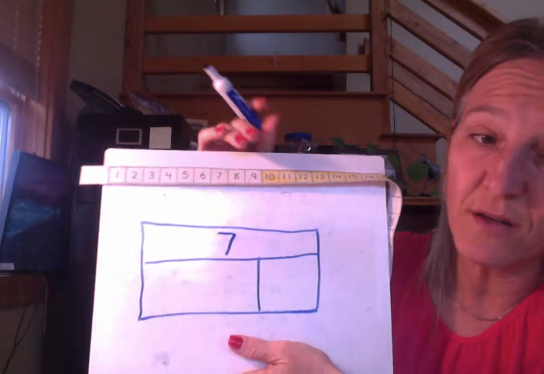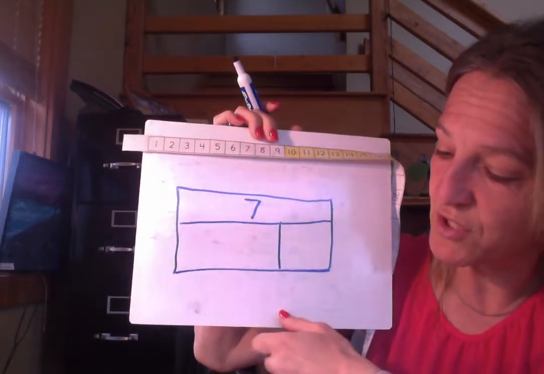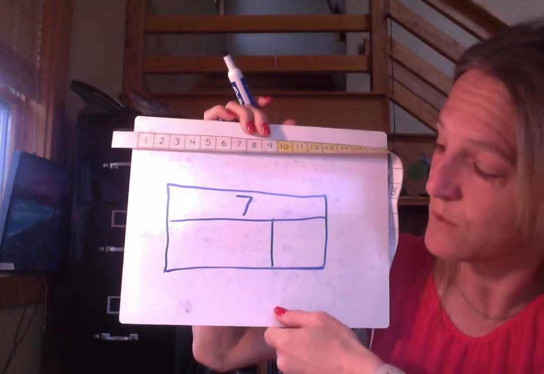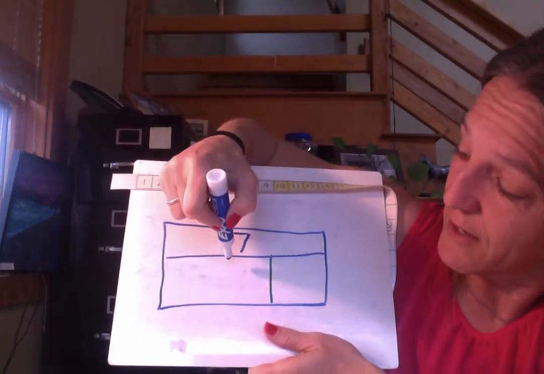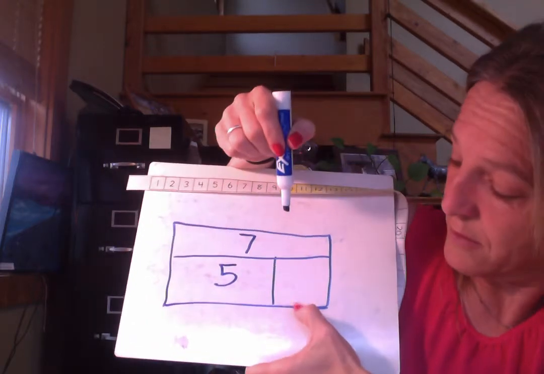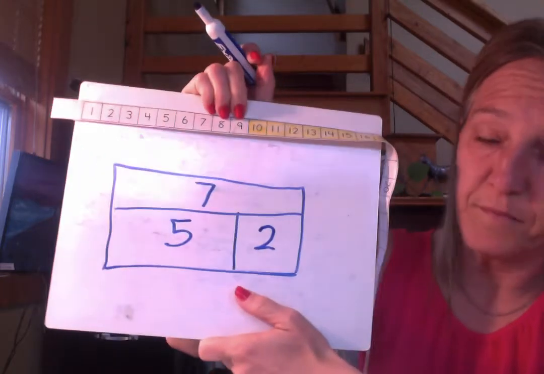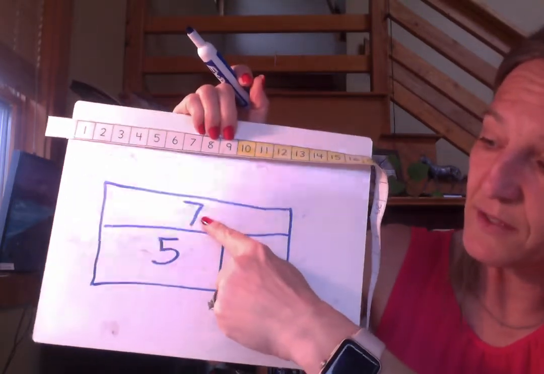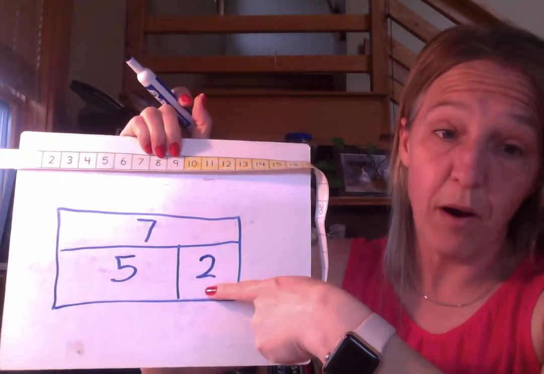So we have 7 burgers. And then in the first problem, she took away 5 and was left with 2. Where does the 5 go? You're right, it goes in this bigger part. And what would go over here? The 2. So, if she started with 7 and she took away the 5 part, she's left with the 2 part.